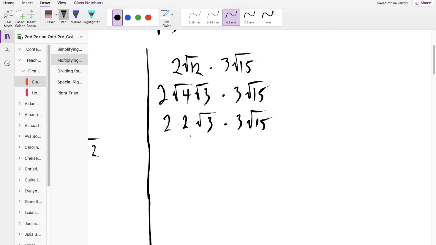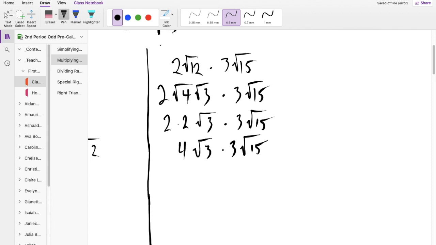So we can simplify it further. 2 times 2 gives us 4. And now we're at a place where we can do this math a lot easier than having to multiply 12 times 15 together. 3 times 15 is a lot easier of a number to simplify.